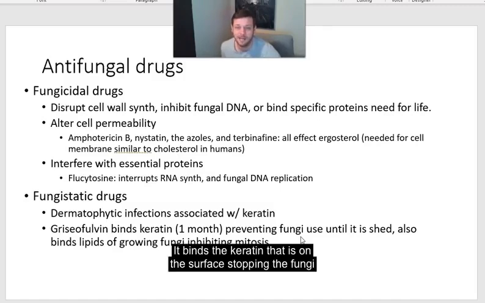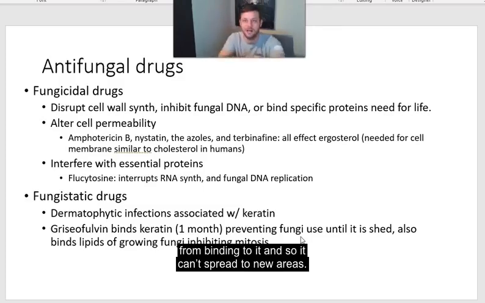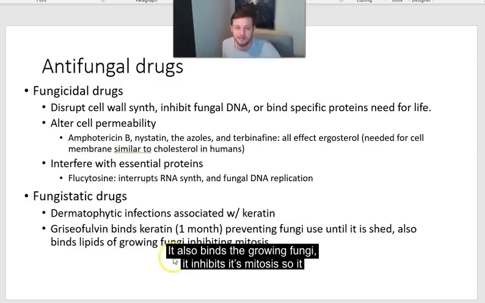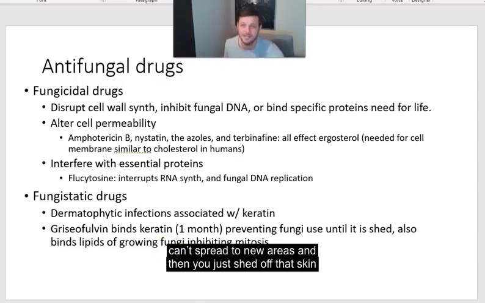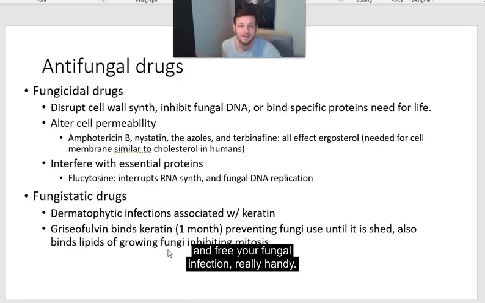And so it binds the keratin that is on the surface, stopping the fungi from binding to it. And so it can't spread to new areas. It also binds the growing fungi. It inhibits its mitosis so it can't spread to new areas. And then you just shed off that skin or your toenails or your fingernails, like they grow out within that month, and then you're free of your fungal infection.